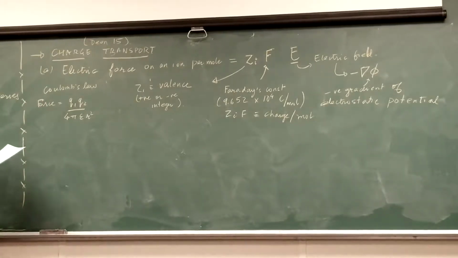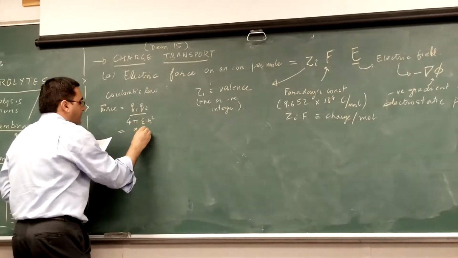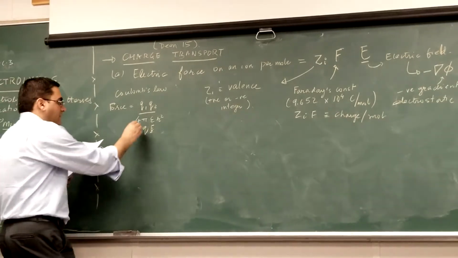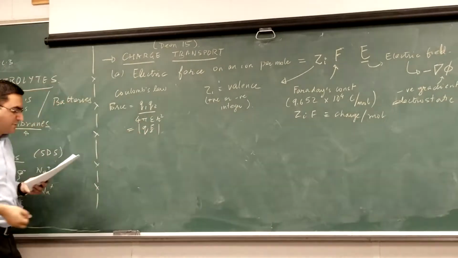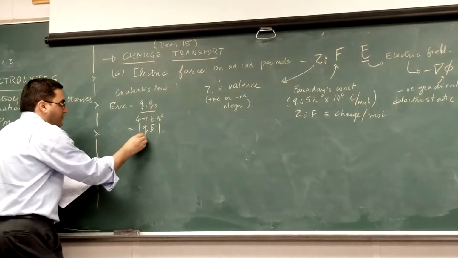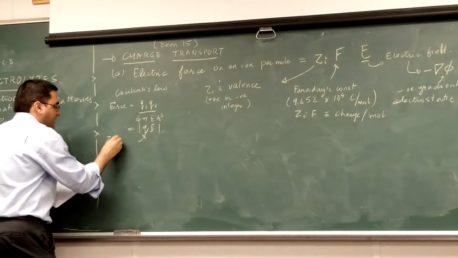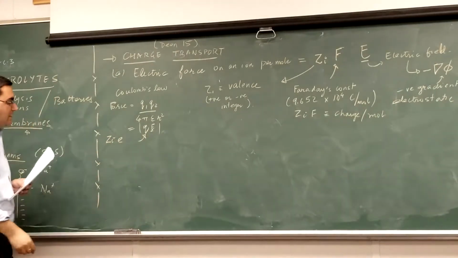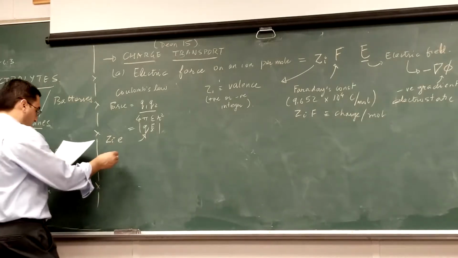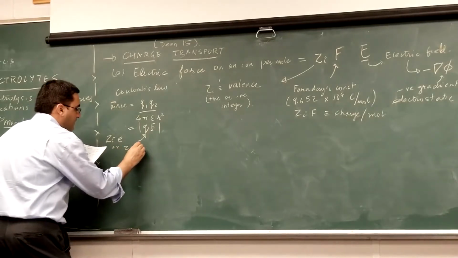And this we can also write as Q times the electric field. Again, I wrote magnitude there, so let's just put it this way. And this Q is either the valence times the charge of an electron, or if you want to write everything in terms of moles, then you just write Z_i here.